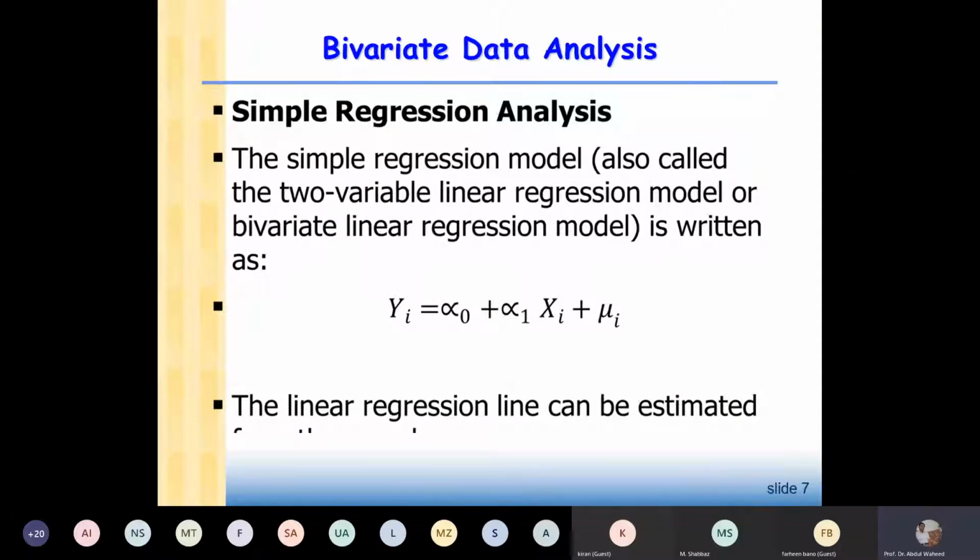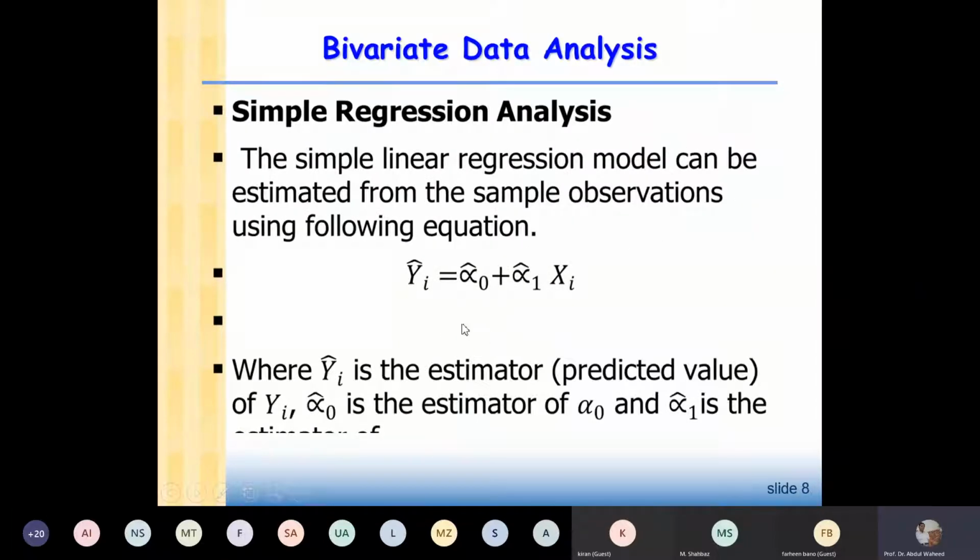and in the ordinary least square method we minimize the sum of squared error or sum of squared residual, okay, and through this minimization process we get the estimator for these population parameters.